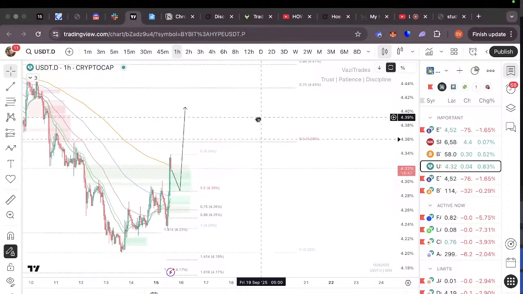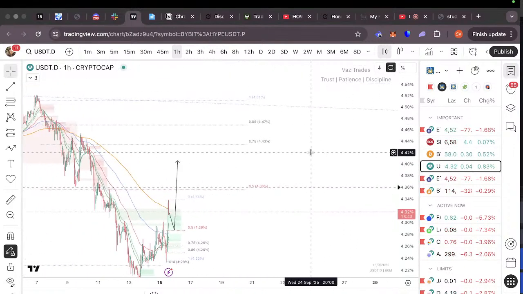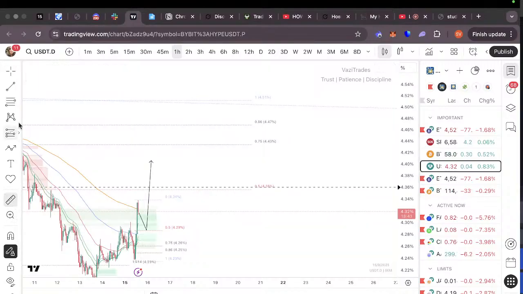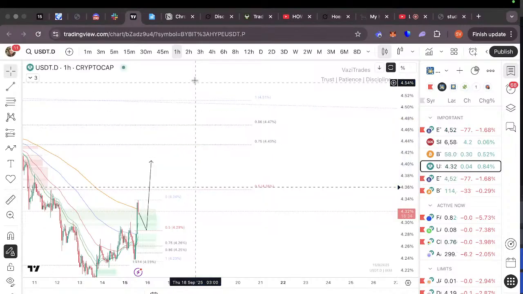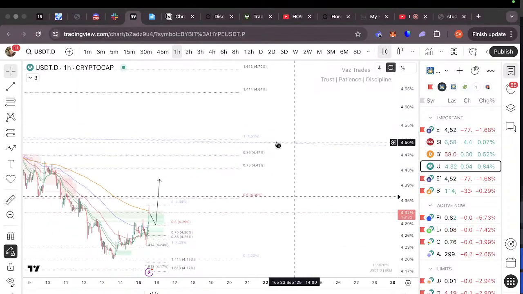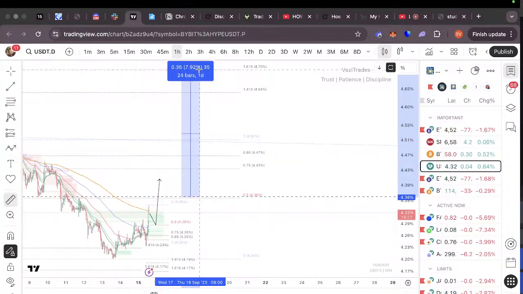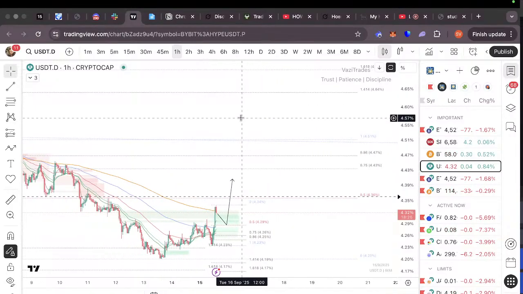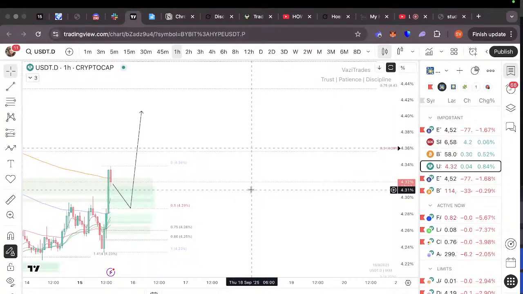According to the daily time frame and this Fibonacci, the price of the US dominance can bounce after breaking the 0.5, another 1 to 2%, or even give a bounce of like 7-8%, which is a killer for altcoins, and which can bring a drop of like 20-30% in the market.